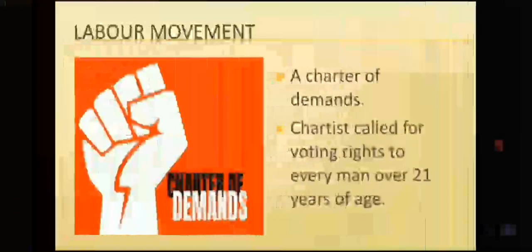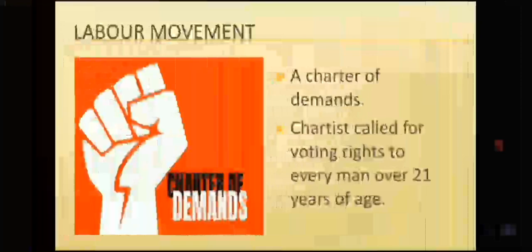Labor movement. By the latter half of the 19th century, there were strong working class movements all over Western Europe which demanded economic as well as political rights. The working class in large gatherings prepared a charter of demands, obtaining signatures from millions of fellow workers.